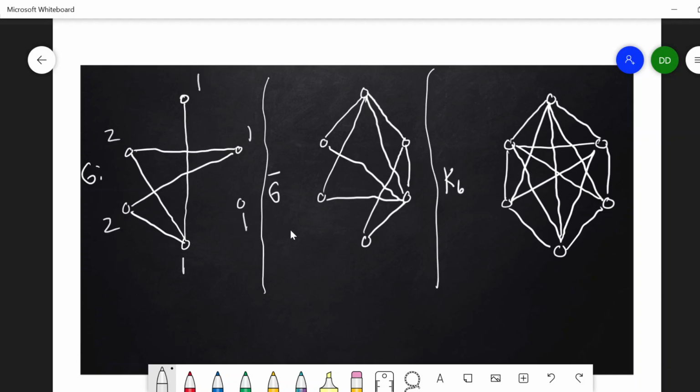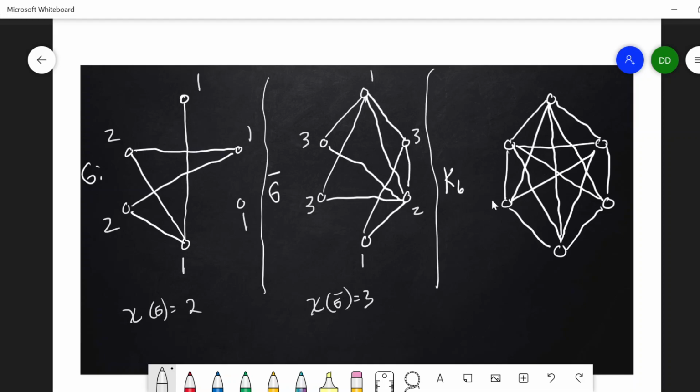So there's a coloring of G. And let's take a coloring of G complement here. Let's do 1, 2, 3, 1, 3, 3 for this one. So here, the chromatic number of G is 2. The chromatic number of G complement is 3.